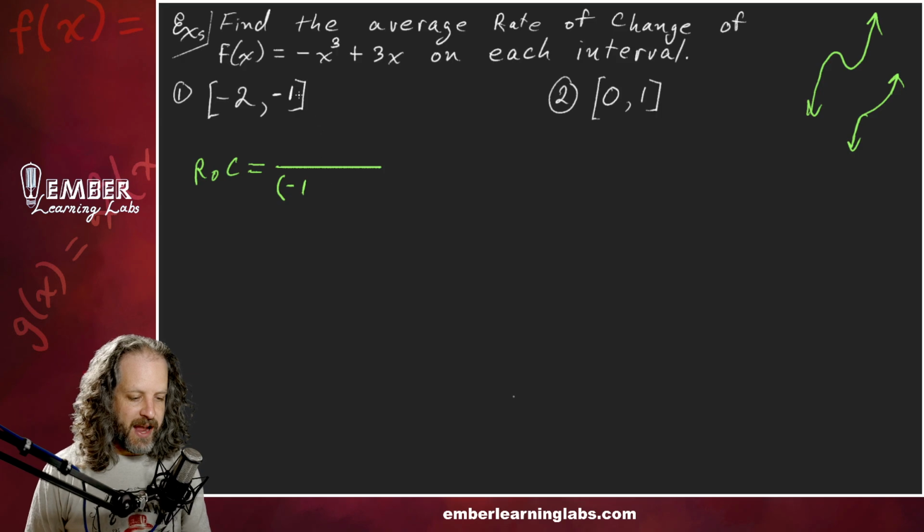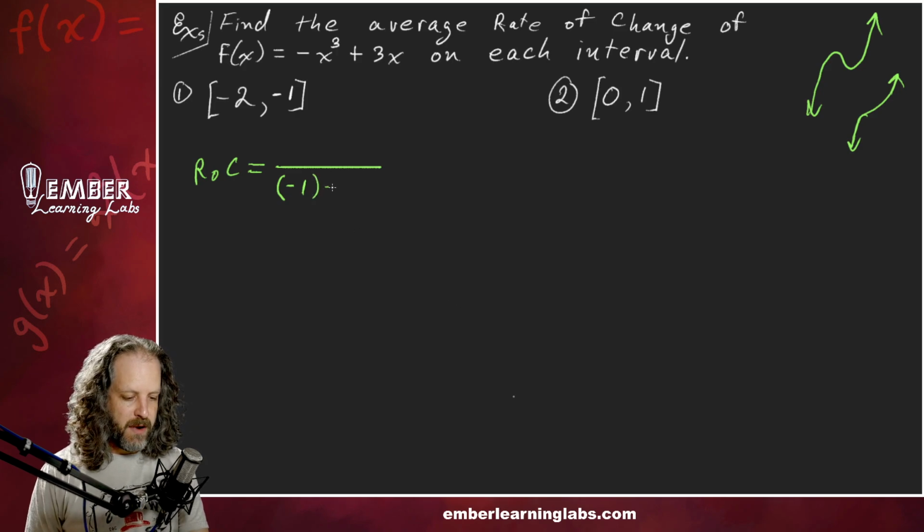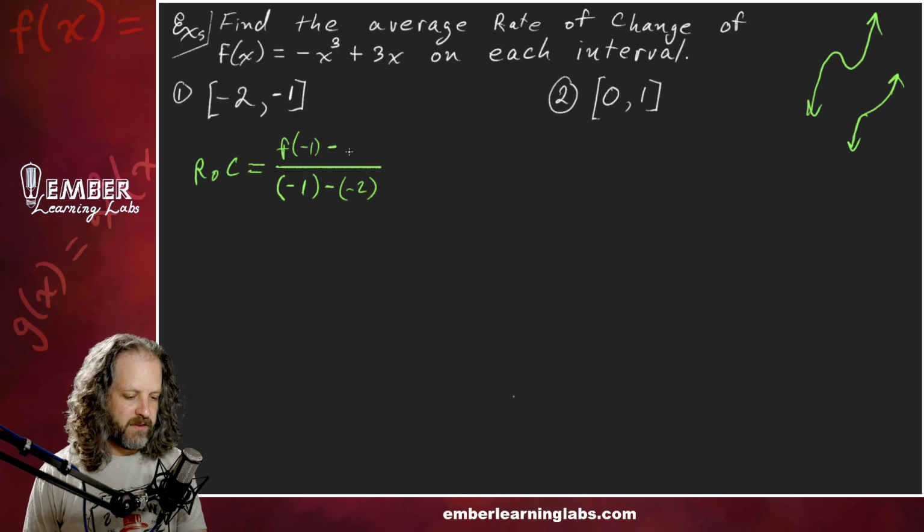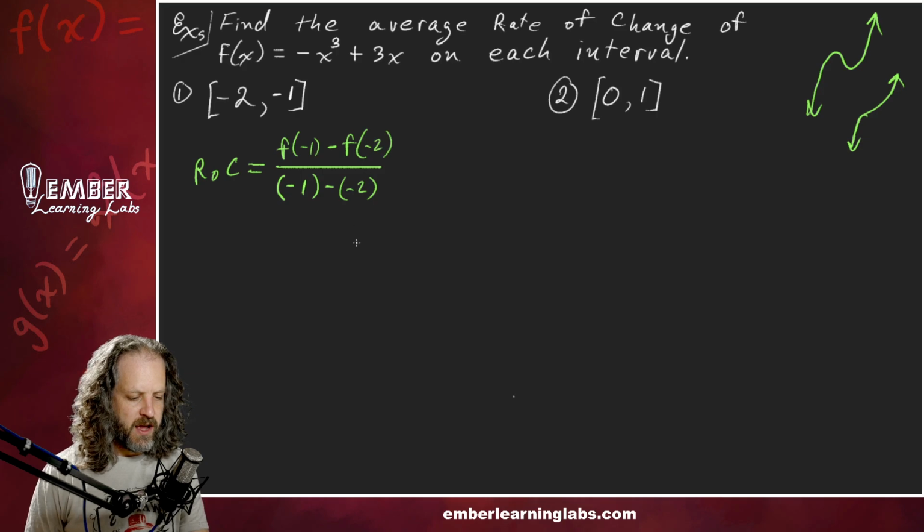So these are both x numbers, not x and y numbers. Minus x1, the first x, over f of the second x, so -1, minus f of the first x, -2. So that's what we're going to find.